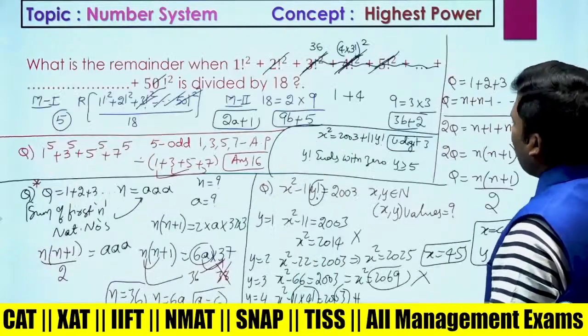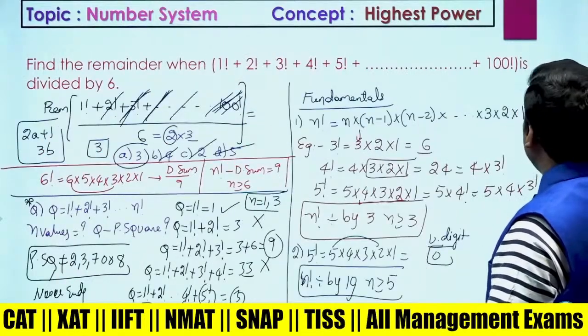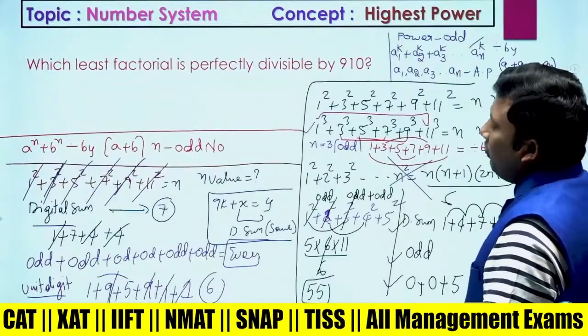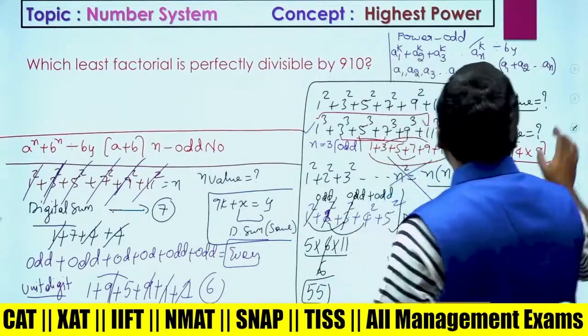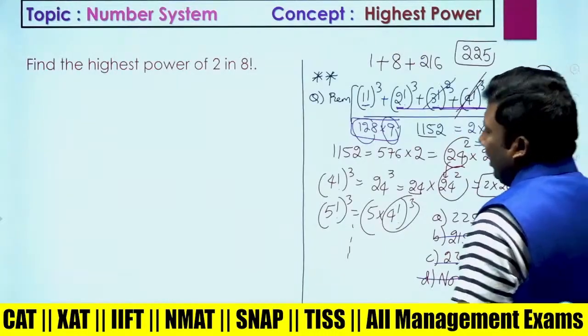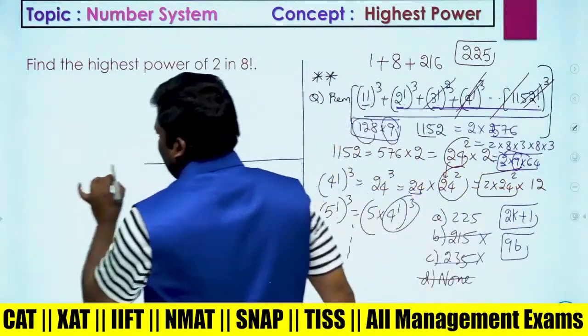Next one. All the questions we cleared now. Which least factorial is divisible by 21, 33, 68? Now see here.